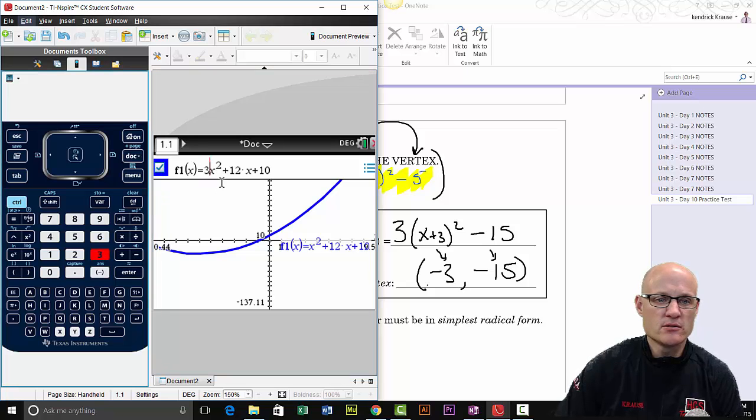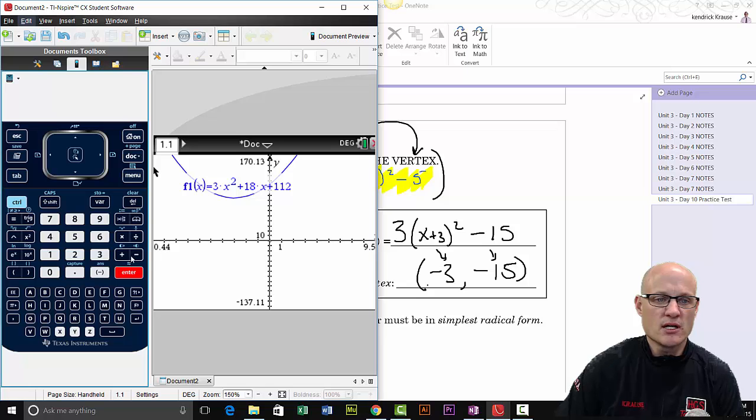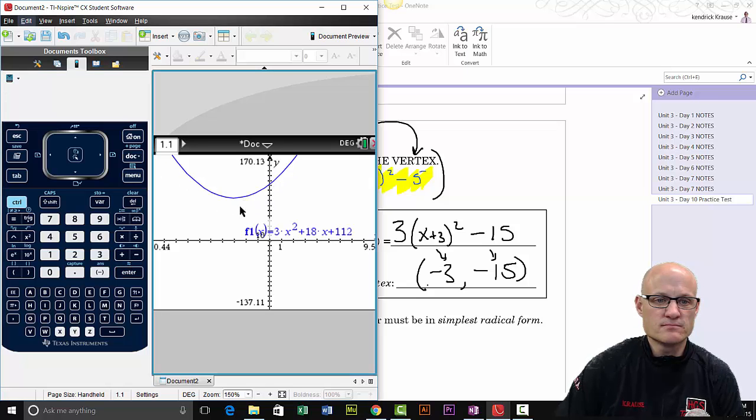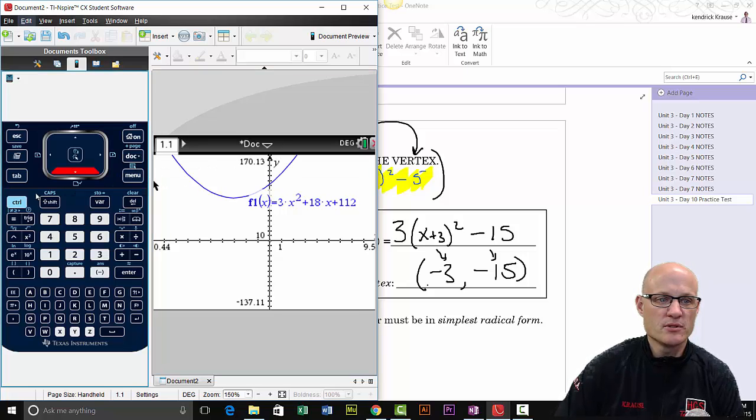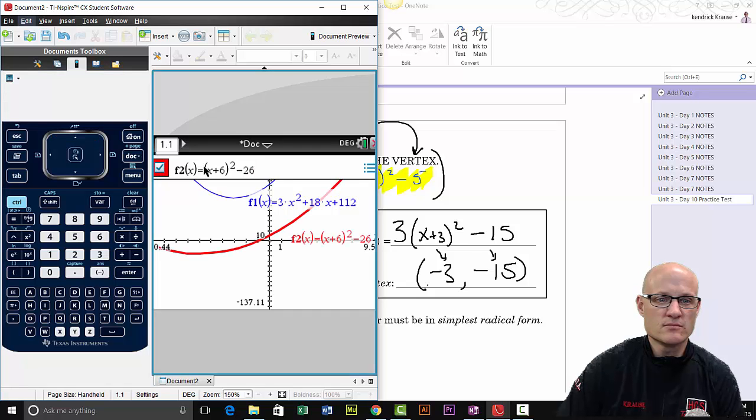Three, 18, 12. All right, so it kind of looks like that. And then I hit the down arrow, wherever that is. Tab. Go up here. And this was 3 in front.